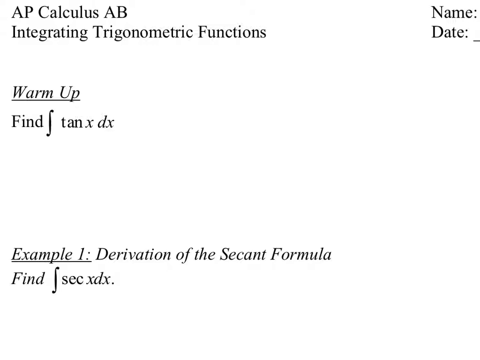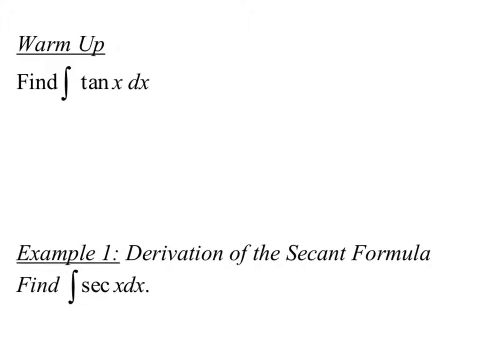If I were trying to find the integral of tangent, the first thing that I would do is, after realizing I don't really have a rule for this yet, and I'm kind of stuck, the thing that I would think of next is, well, what about some identities?